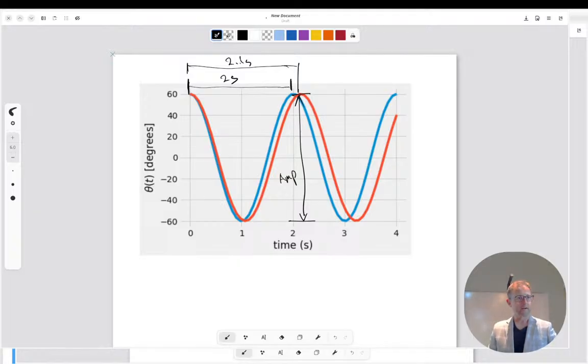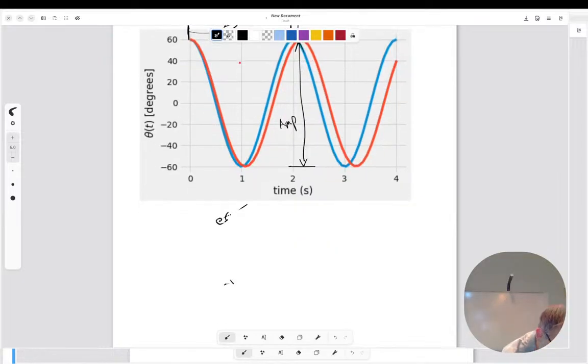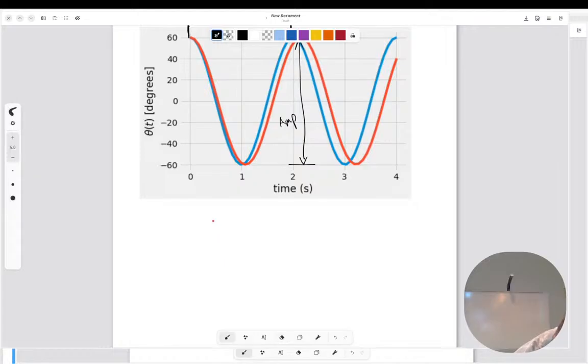What's the error? 0.1 seconds. So it's like a 1/10 of a second difference. Whoa. I don't know why this is giving me a hard time. Something like that.